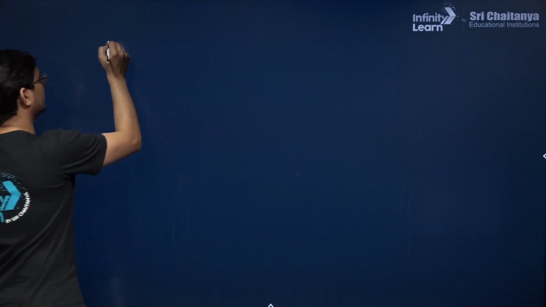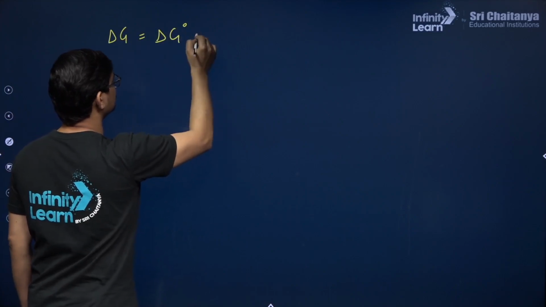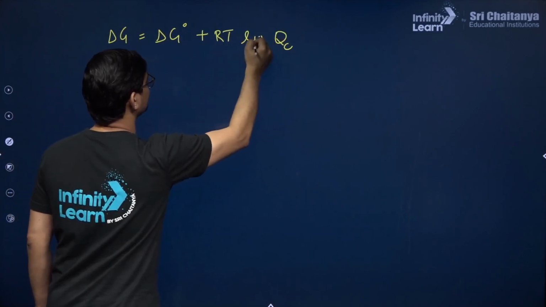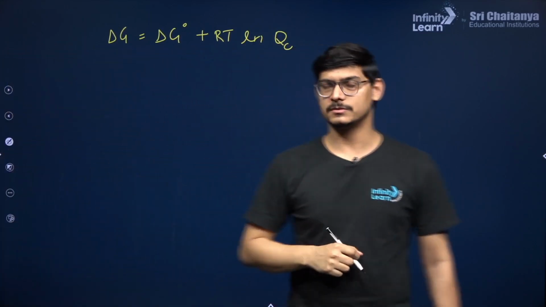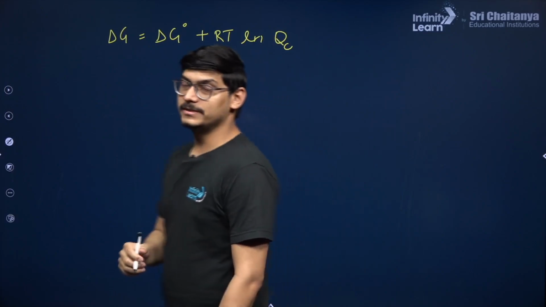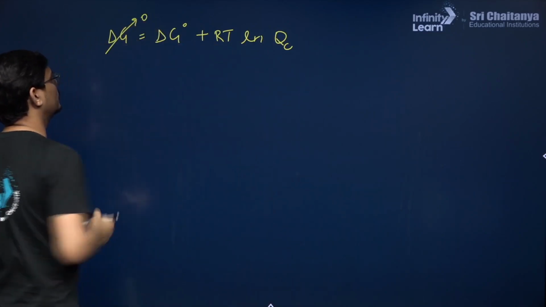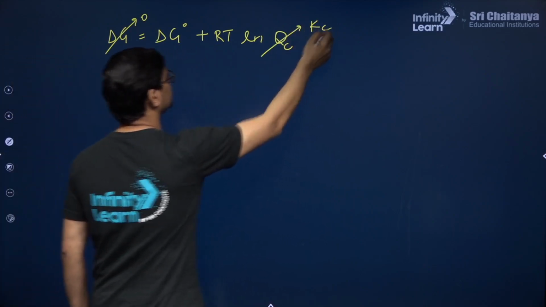Now you guys know that delta G is delta G naught plus RT ln Qc. This is a formula we use a lot of times in the derivation of Nernst equation also, for example. Now please remember that at equilibrium delta G becomes 0 and Qc becomes Kc.